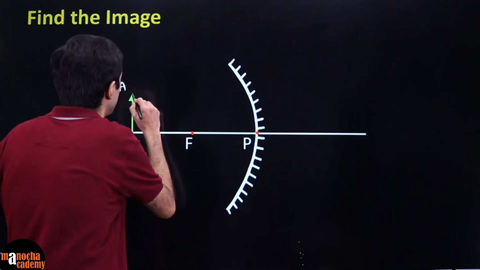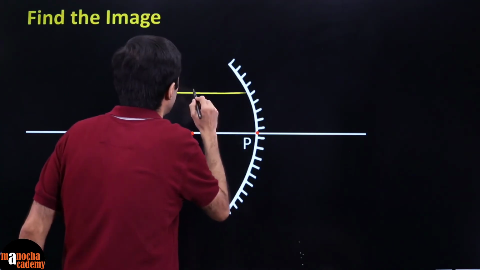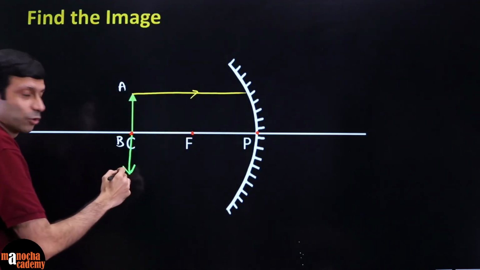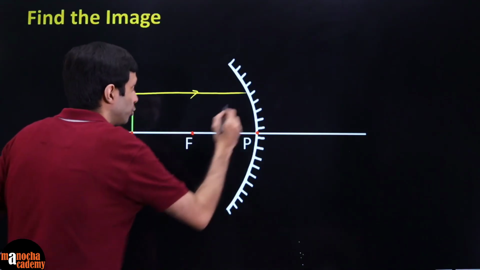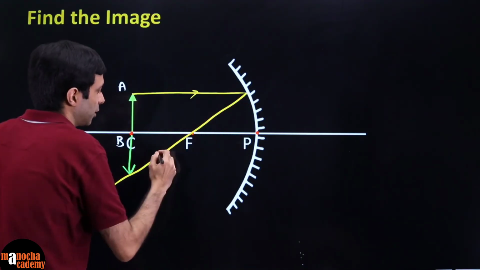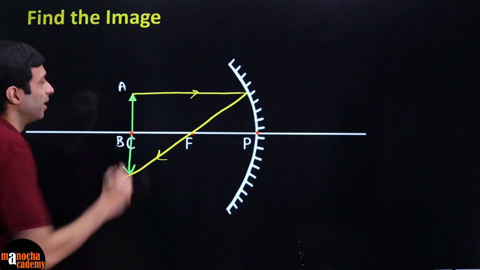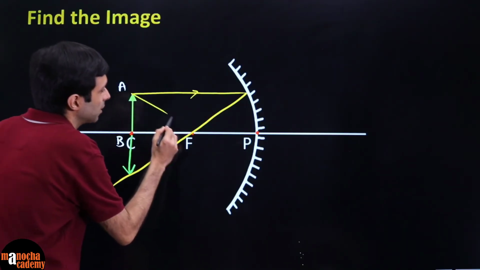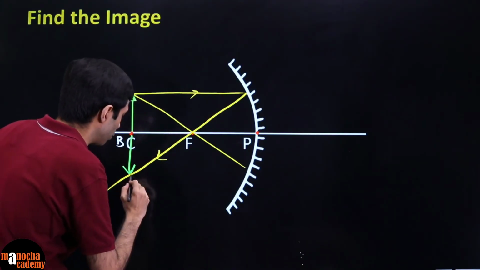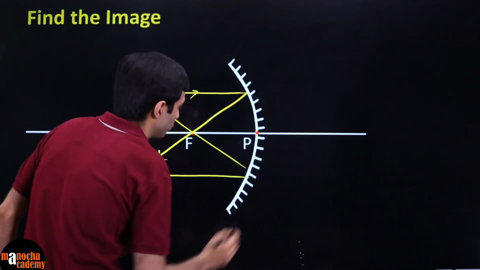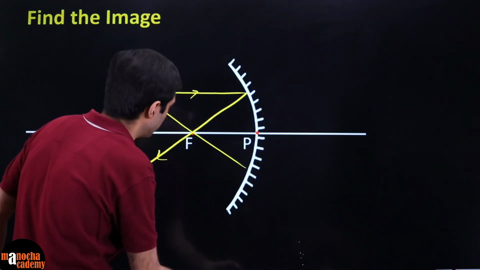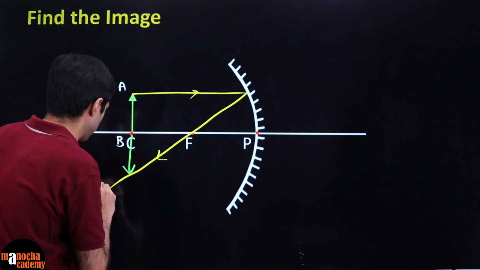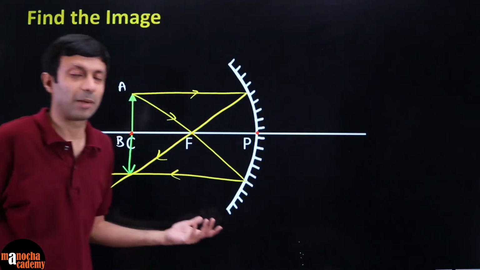You know that if you draw the ray parallel to the principal axis, after reflection it's going to meet here. So now you can join these. That's my ray. And then the ray passing through the focus, after reflection, we know it's going to go through this point again. Maybe again I have to do some cheating tricks there to make it match. Again, I'm drawing a freehand diagram on the digital board.